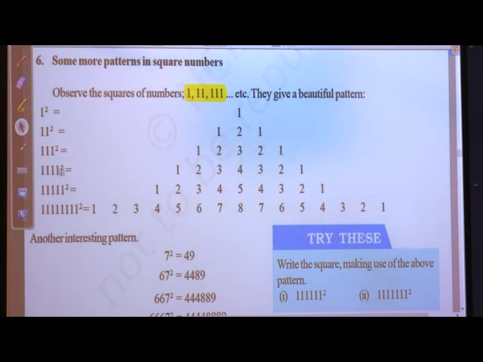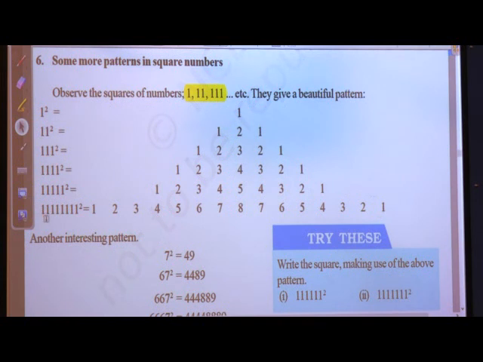With 4 times 1, it is 1, 2, 3, 4, 3, 2, 1. With 5 times 1, it is 1, 2, 3, 4, 5, and then it decreases again, 4, 3, 2, 1.